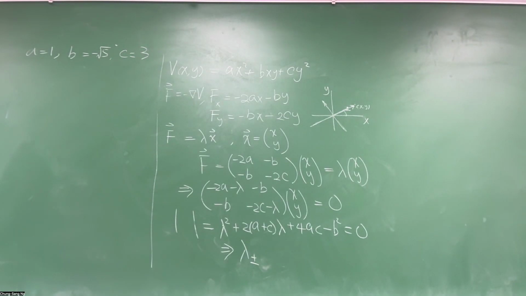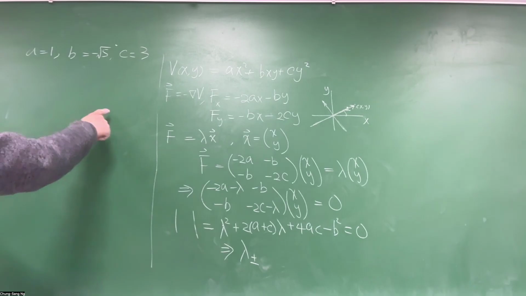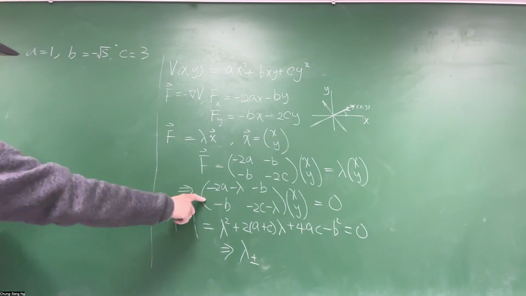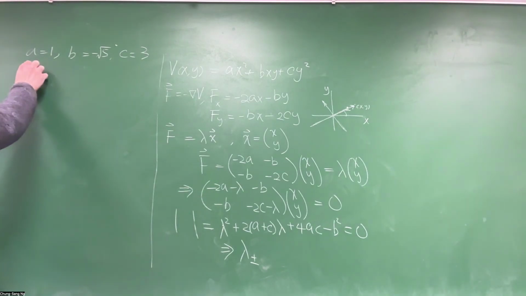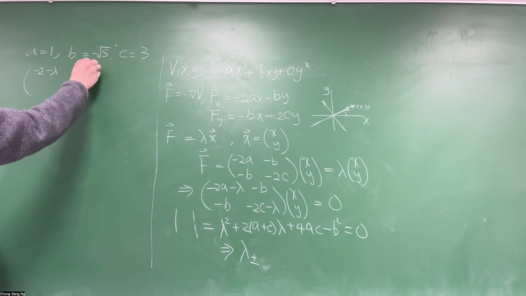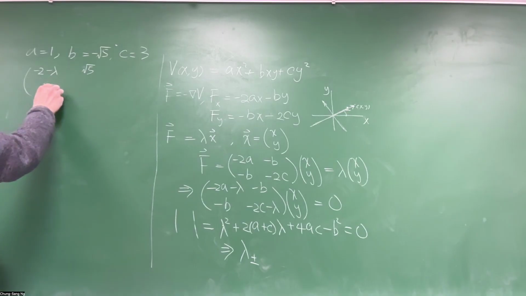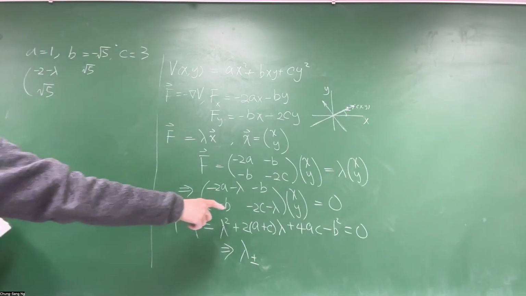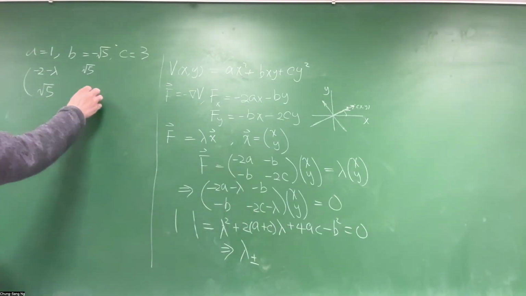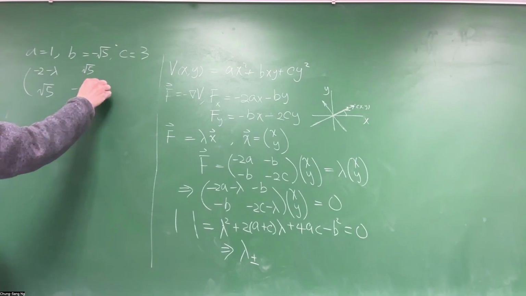It's kind of strange, but whatever. So that equation changes to: minus 2A is minus 2, minus lambda; minus B is square root of 5, square root of 5; minus 2C is minus 6, minus 6, minus lambda.